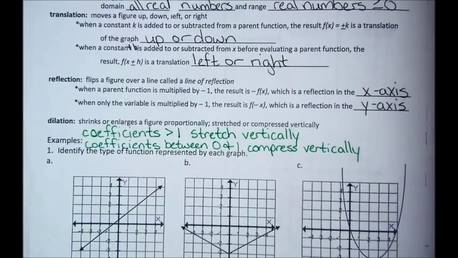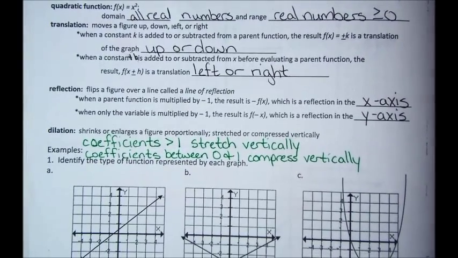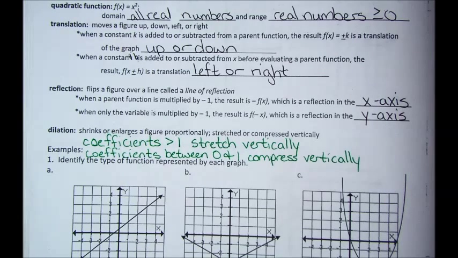Translation is a slide. We have two values that can affect how they slide. One affects how it goes up and down, and that's k, and the other one is h. That affects how it goes left and right. Now the k value, that's something that's added or subtracted to the actual function. If it's a positive k value, it goes up.